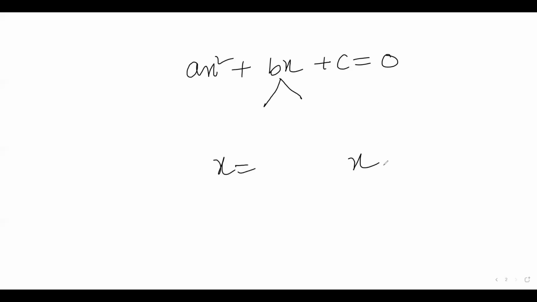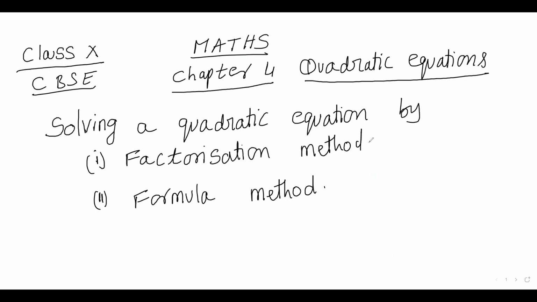You will get two values of x, and the values of x are called roots, and roots are denoted by alpha and beta. So splitting the middle term is nothing but factorization method. Okay. So the first method is by factorization, that is splitting the middle term, resolving into factors.